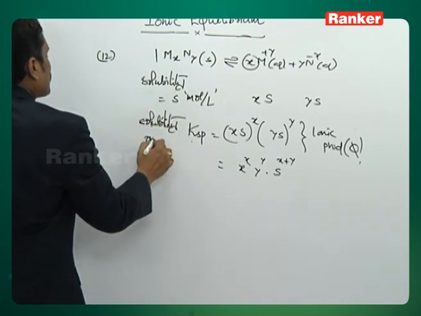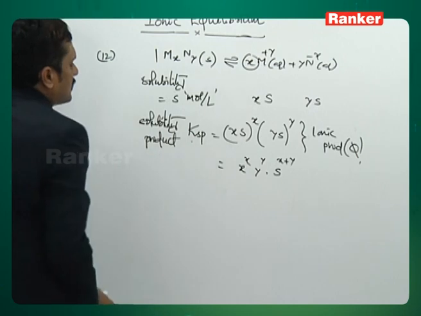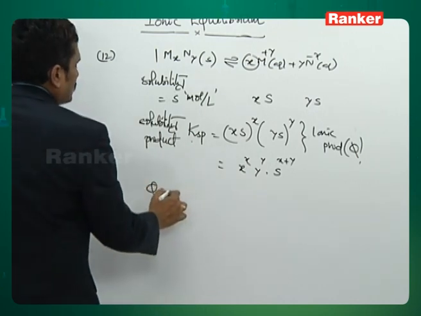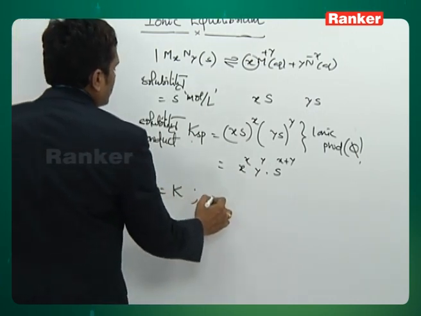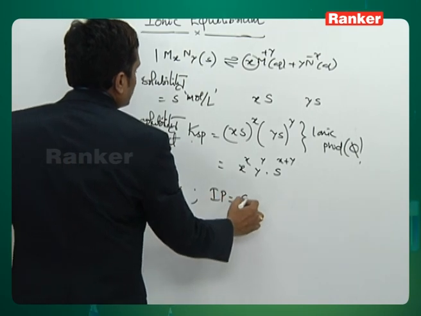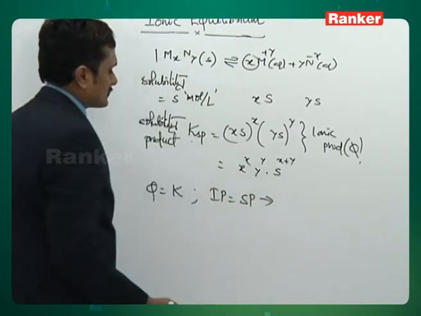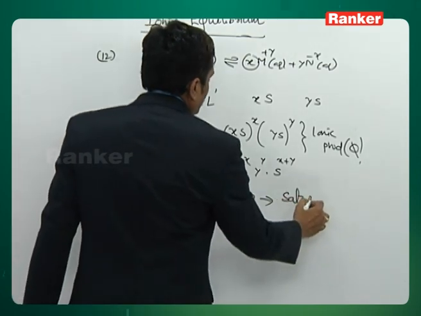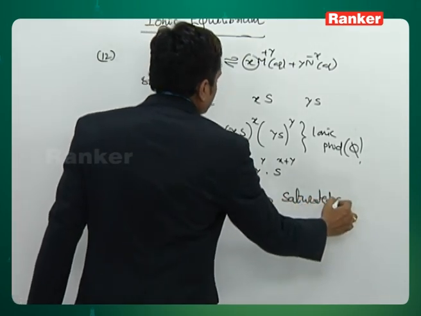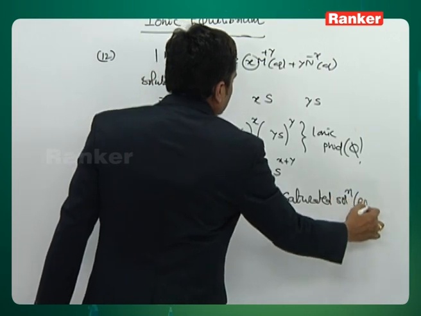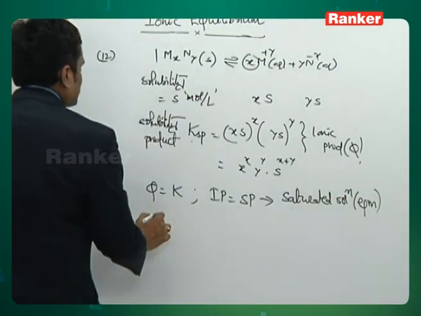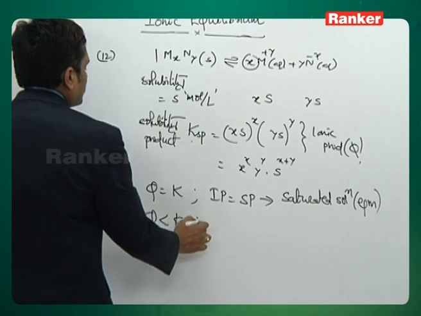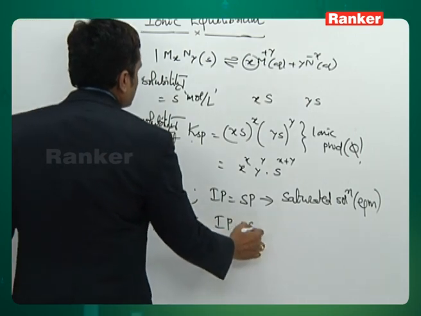So when I am comparing, when Q is equal to K, or the ionic product is equal to the solubility product, we call this the saturation point or saturated solution. That means equilibrium is achieved as far as dissolution is concerned. The second point is Q less than K, or ionic product less than solubility product.